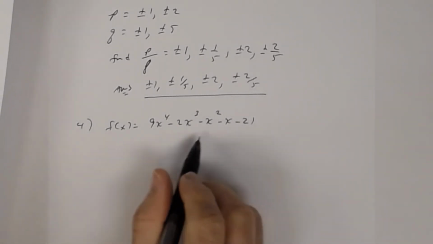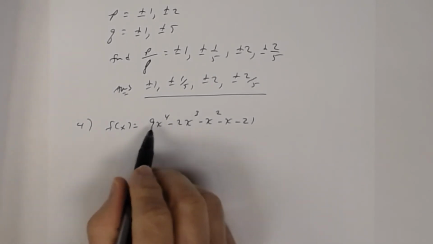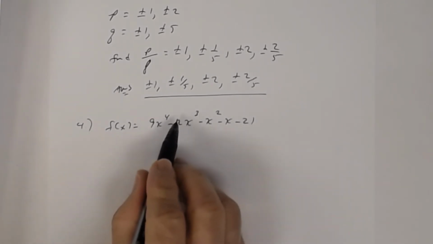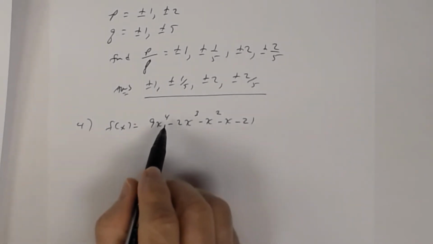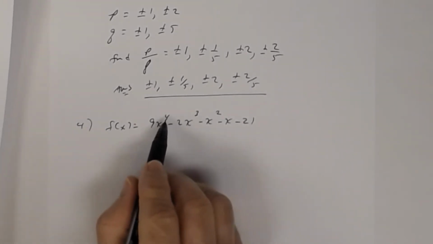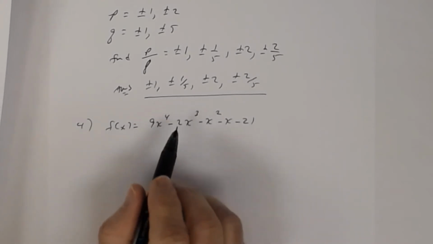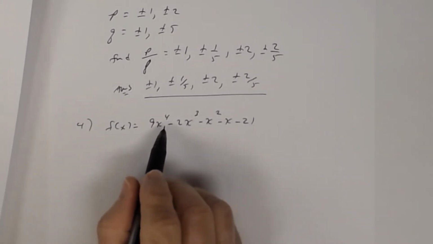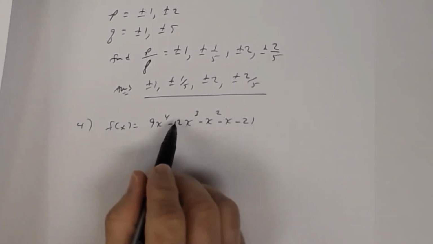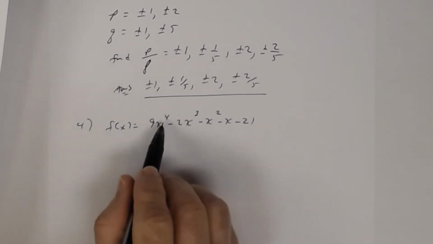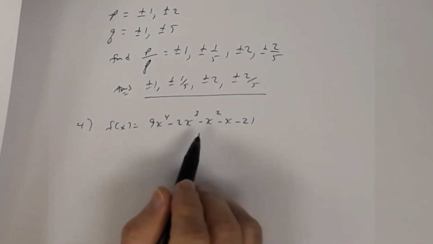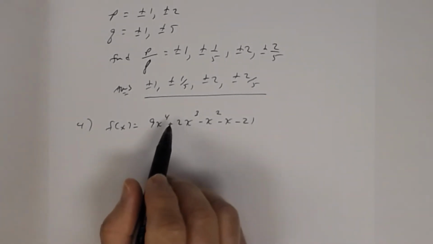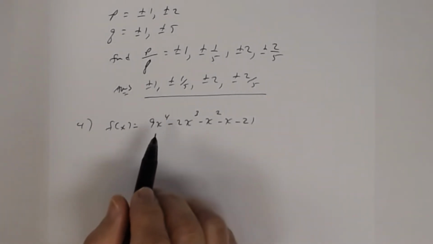All right, and then you want to find the possible rational zeros. So this polynomial function has at most 4 real zeros. They could be a combination of rational and irrational, and if you don't have all 4 being real, then you would have imaginary zeros. Okay, that's a later topic, but you have at most 4 real zeros.